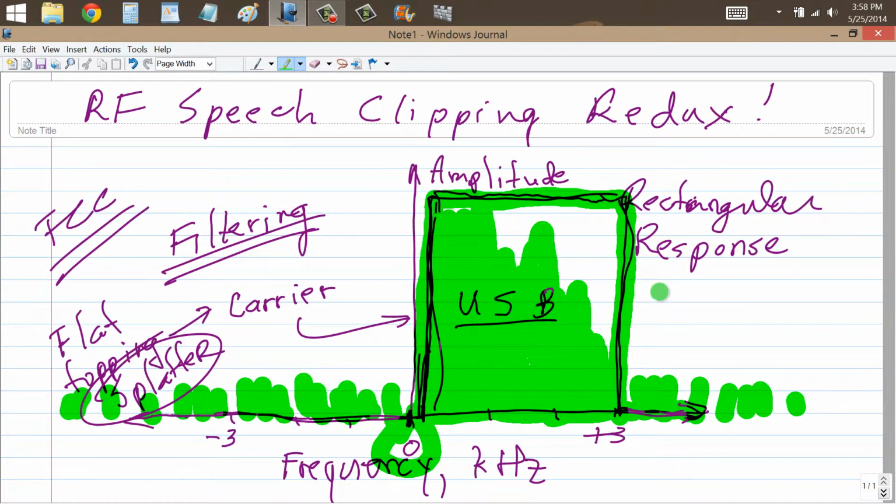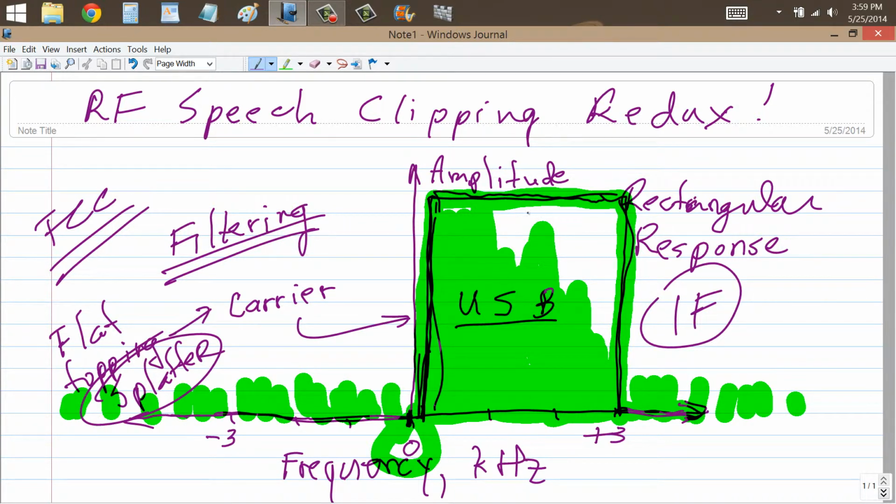If that filter is just a little too high or a little too low in the intermediate frequency stage of your transmitter, you're going to get a voice that is unintelligible because you are literally eliminating a great deal of the essential frequency information.